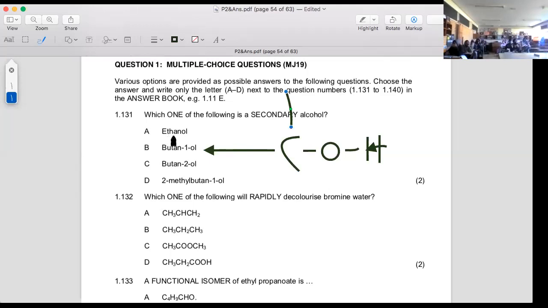Ethanol, is that OH group on the end? Yes. Butan-1-ol, yes, it's on the end. Butan-2-ol, it's in the middle. See, there's your carbon 1, there's carbon 2, there would be carbon 3. What about 2-methylbutan-1-ol? No, because it's again 1. So the answer has to be C, because a secondary alcohol must have a carbon and a carbon on either side of this carbon.